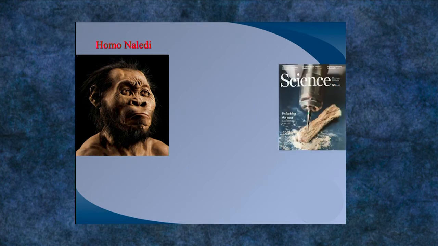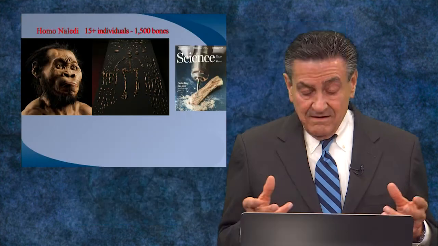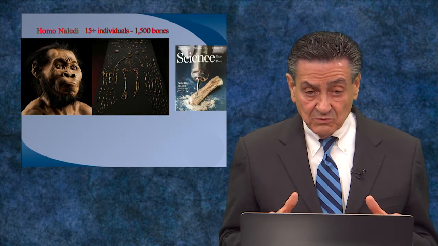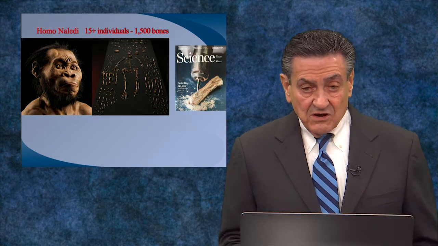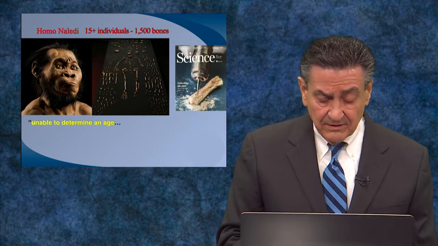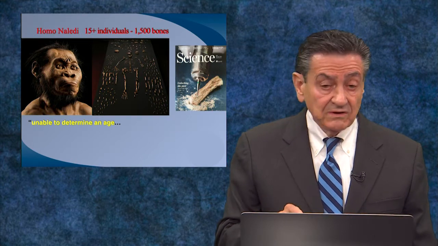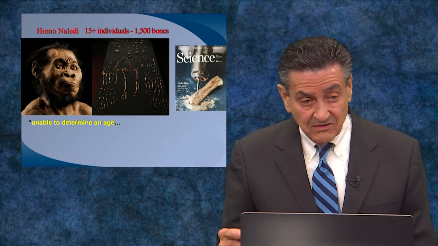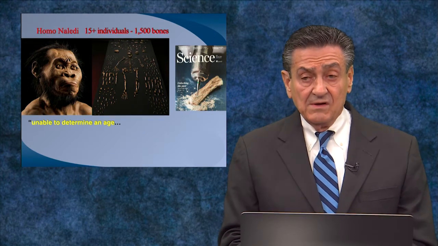Here from Science, where that was originally described, they point out that you got 15,000 bones they found, so there's no lack of evidence here. They say it came from 15 individuals, probably a pretty good analysis, but you got a real jigsaw puzzle putting it together. But what do you find when you put it together? Well, one of the problems that they acknowledge in the article that they do not tell you about, absolutely tell you the opposite in the Perot Museum, is they were unable to determine an age.